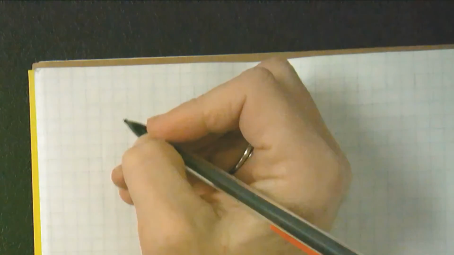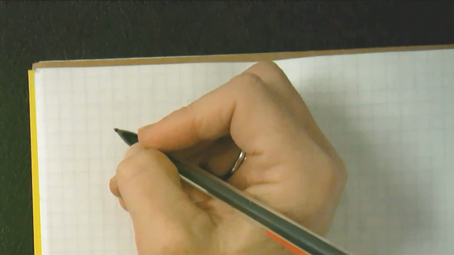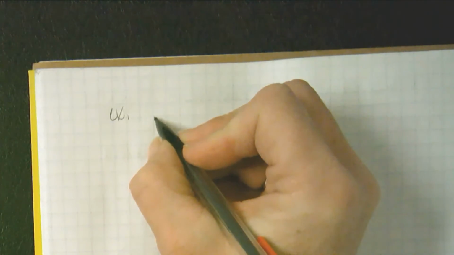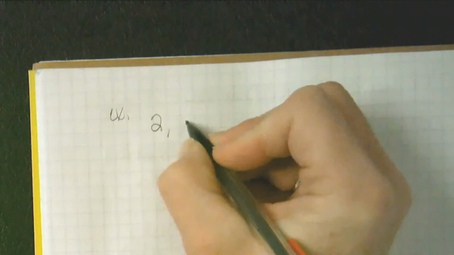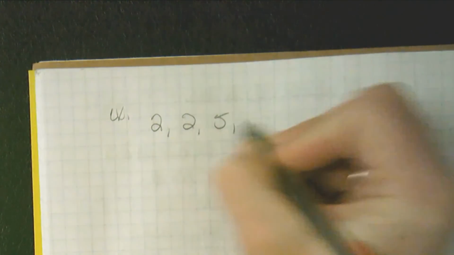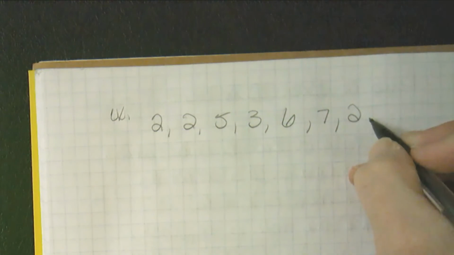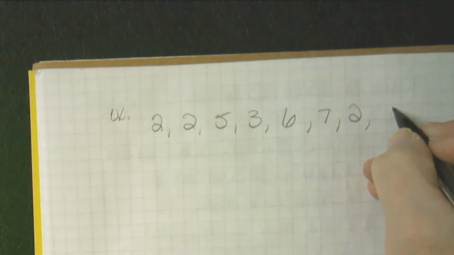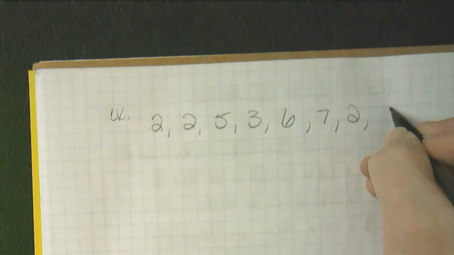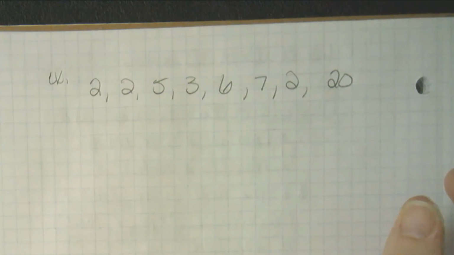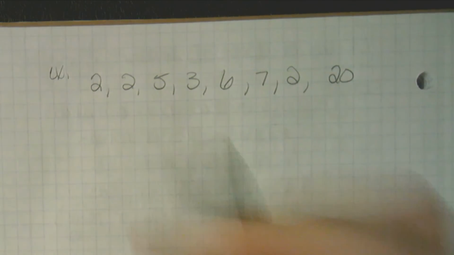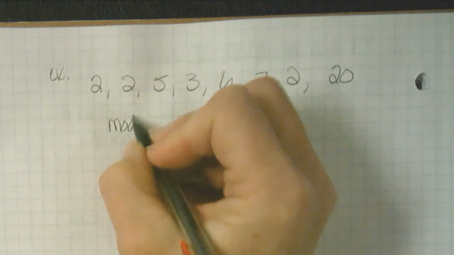So let's say I have this list. So I have 2, 2, 5, 3, 6, 7, 2, 20. Okay, so your first decision is mode.